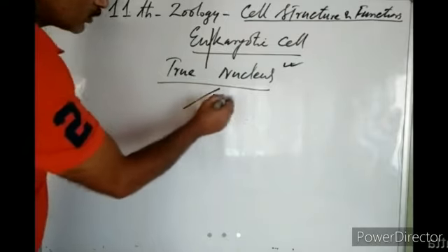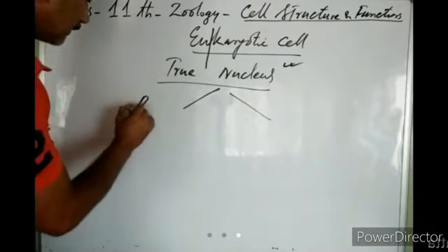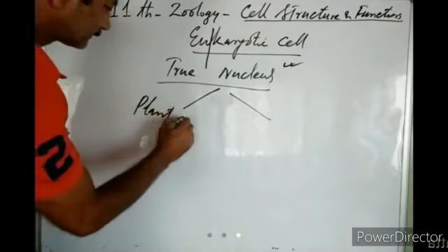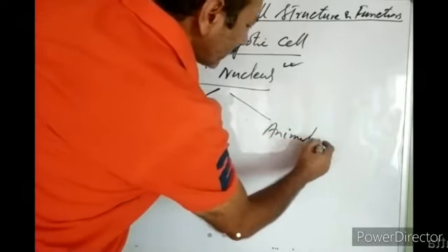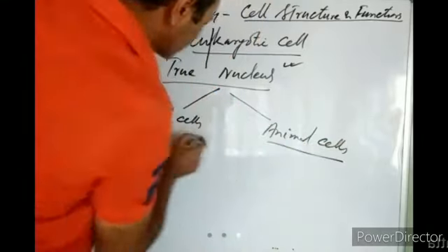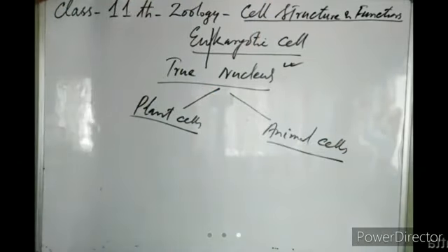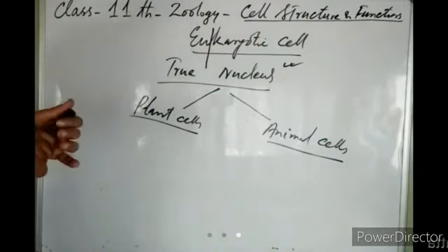As I told you, there are two types of eukaryotic cells: plant cells and animal cells. Why did we classify eukaryotic cells into two types?